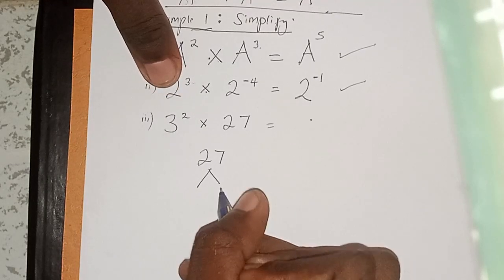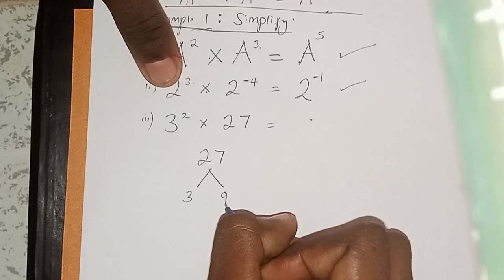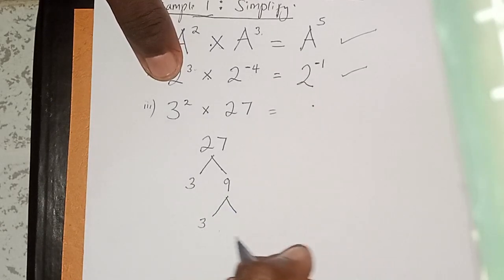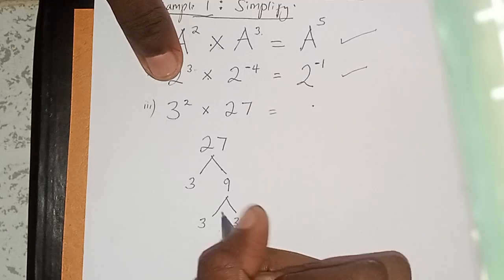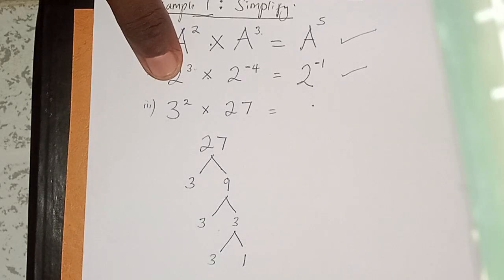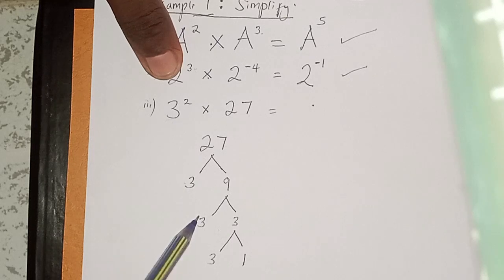The smallest number that can divide 27 is 3, so 3 times 9. The smallest number that can divide 9 is 3, so 3 times 3 gives you 9. And here we are simplifying with 3 times 1. So 27 is the same as 3 times 3 times 3.